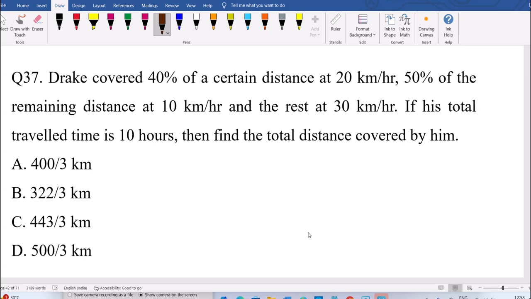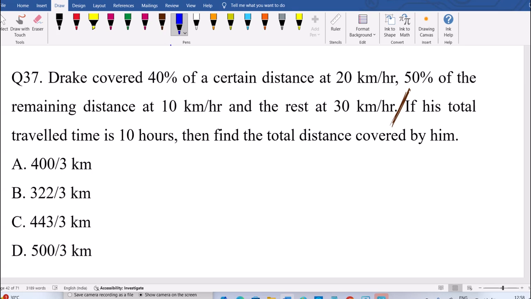Then the total time can be substituted as 10. 10 into average speed is the total distance. If you can calculate the average speed, then total distance is average speed into total time, meaning into 10. First you have to calculate the average speed.